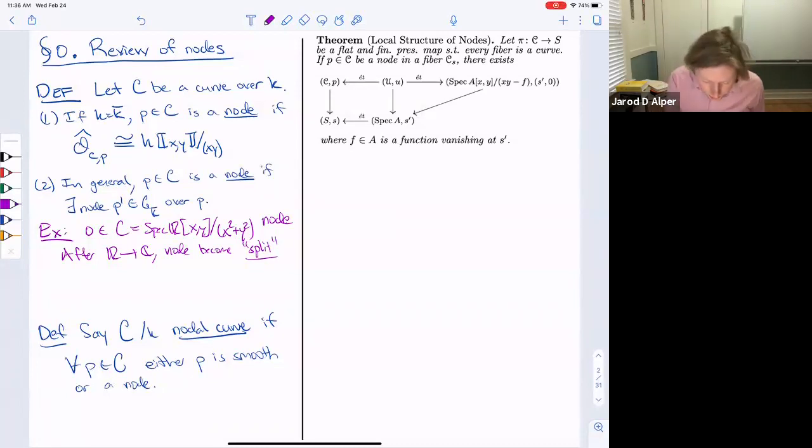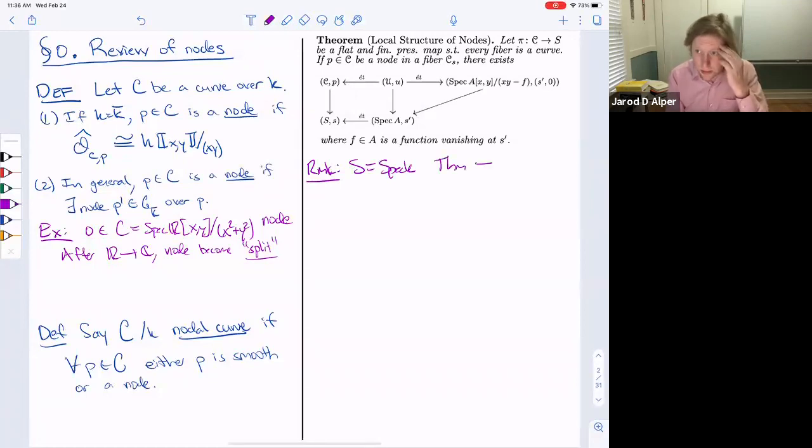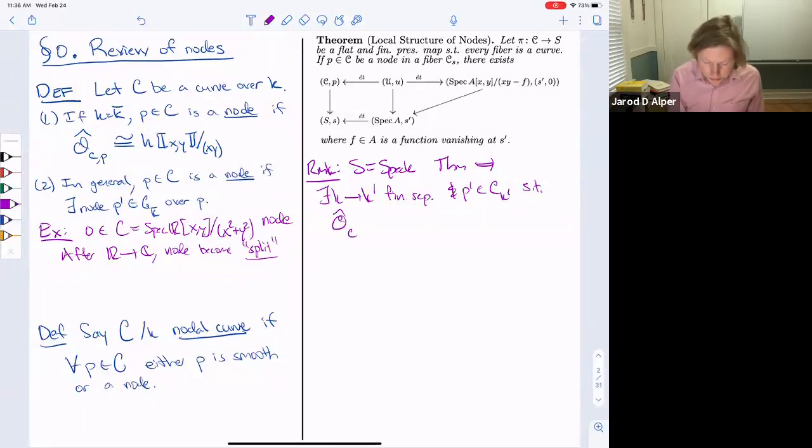Right, and let's just spell out what this tells us in the case that the base is a field. Then this theorem implies that there exists an étale extension of a field, which is a finite separable field extension, and there's a point P prime in the base change such that the complete local ring of P prime is isomorphic to the power series ring.